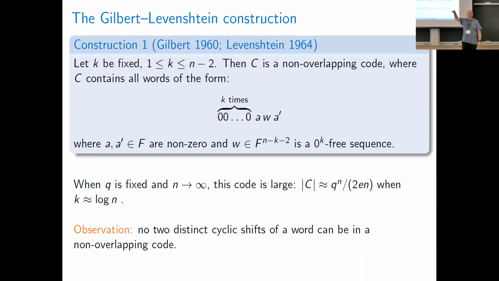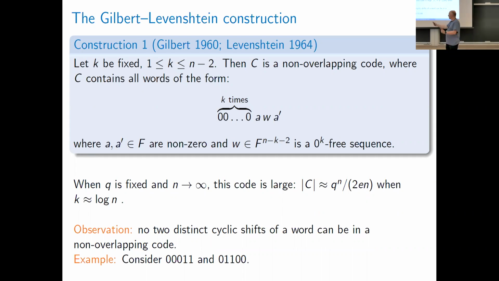So if you divide up the collection of all q to the n words of length n into equivalence classes, saying 2 words are equivalent if they're cyclic shifts of each other, then we can only pick 1 code word from each of those equivalence classes. How many equivalence classes are there?